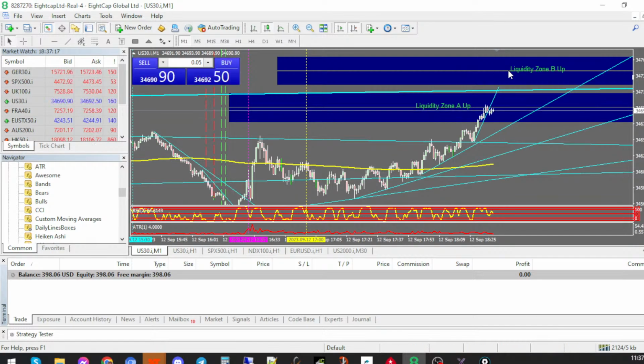So every time price hits this zone, I'm going to draw a fresh trend line to that zone. Just adjust this trend line. What I want to see is price come down, bounce, break.